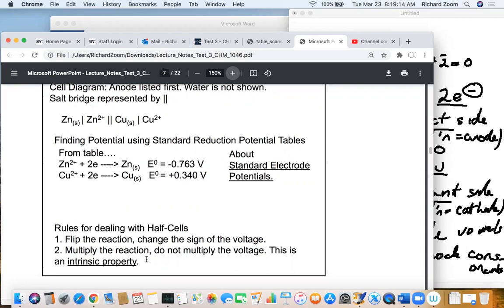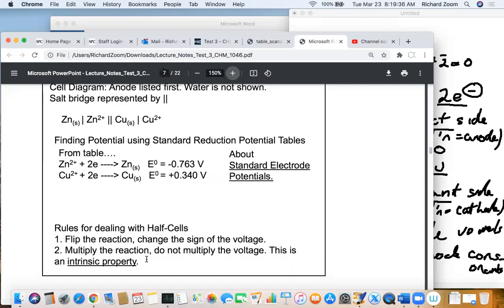An intrinsic property is a property that doesn't depend on how much you have of something. An extrinsic property is one where it depends on how much you have. Now, I'll give you some good examples of extrinsic properties.